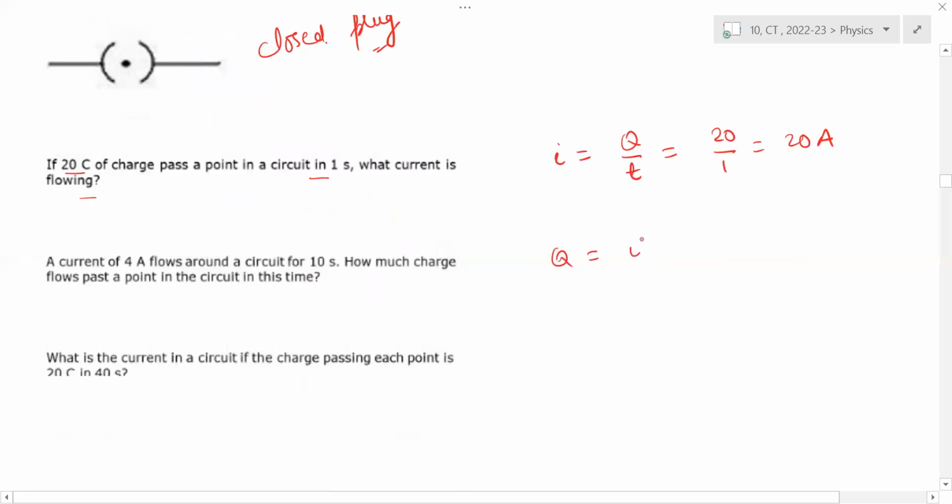Q equals IT, so 4 into 10 is 40 coulombs. Then 20 coulomb in 40 seconds is half an ampere, 0.5 ampere.